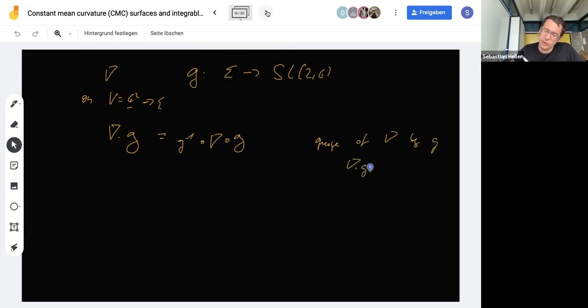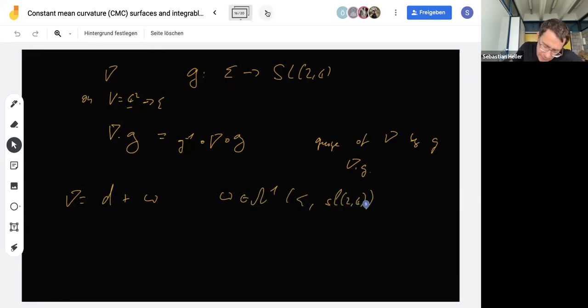So in the case of a trivial bundle, we look at connections which are given by connection one forms. So nabla is d plus omega, and we stick to SL2C connections. So omega is a one form on sigma with values in the trace-free endomorphisms.